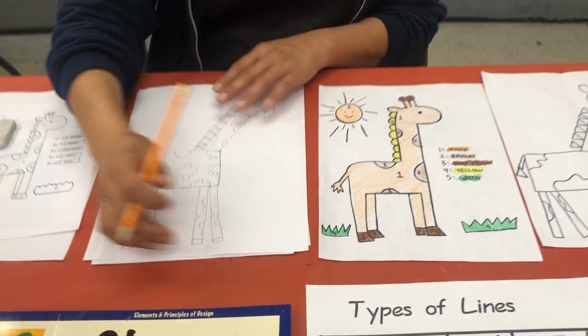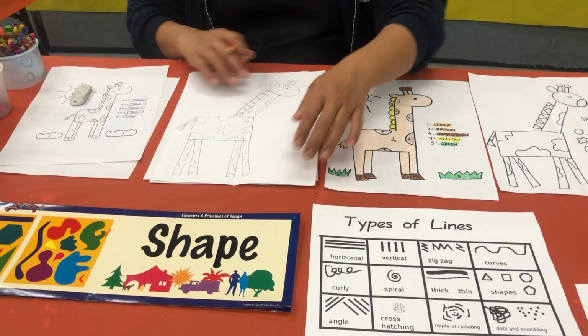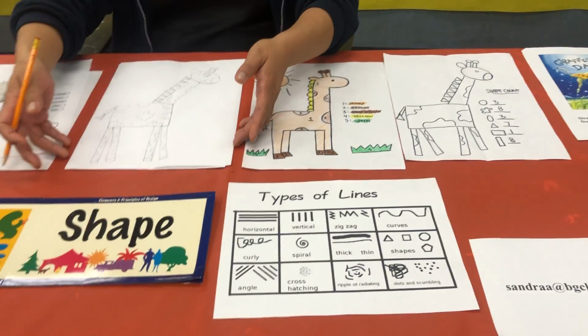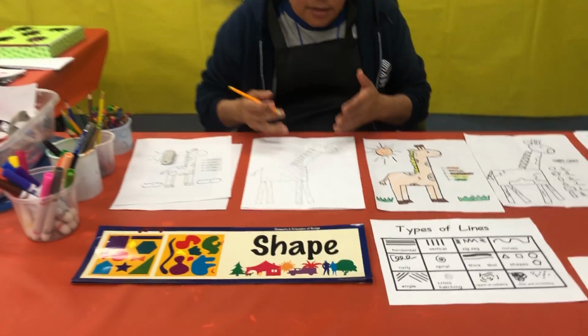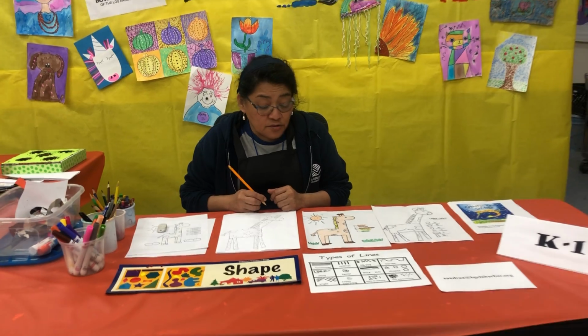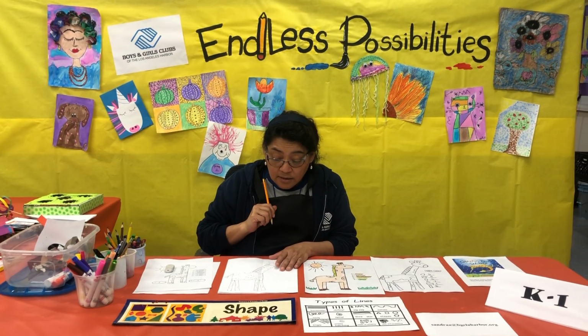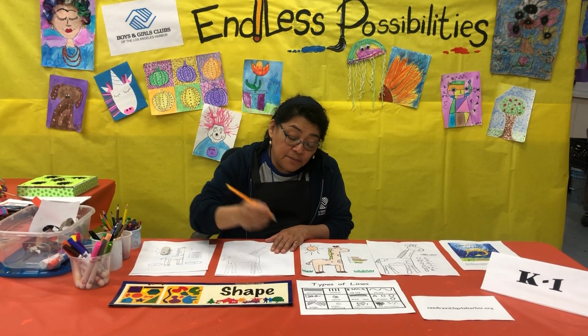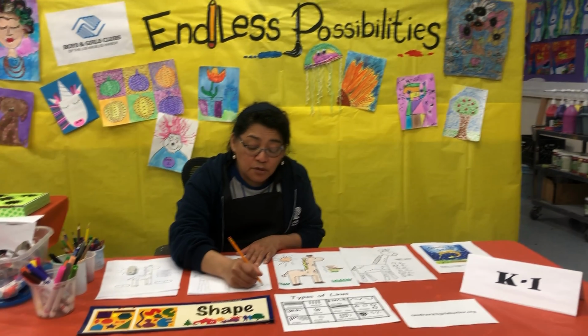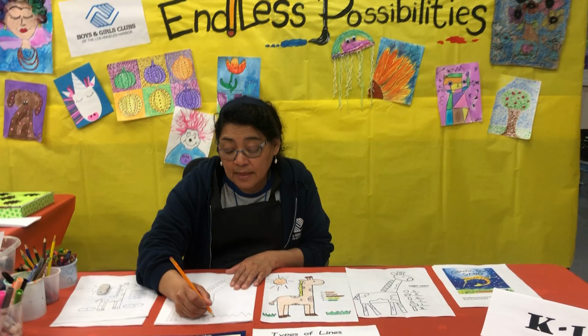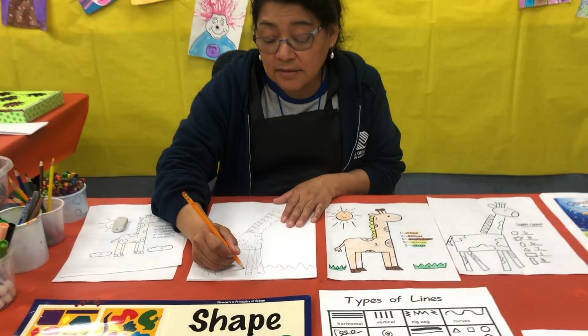Okay, now is the moment that we need to take our drawing a little bit further and tell a little story with our drawing. I'm thinking that it's springtime, and when it's springtime, what we normally have is grass.